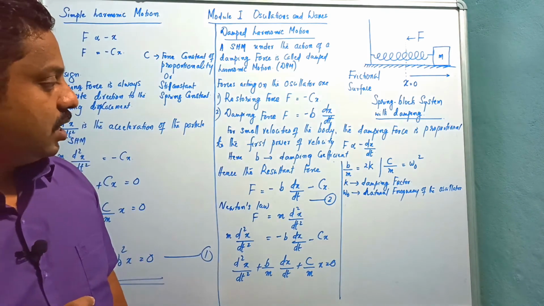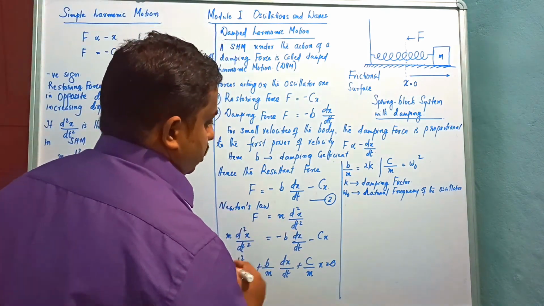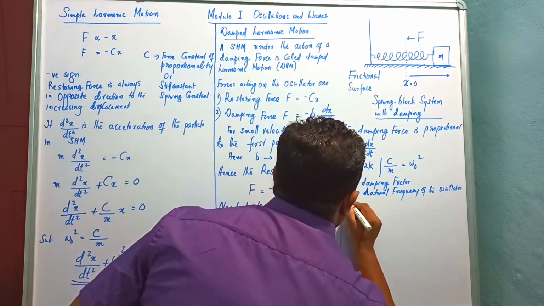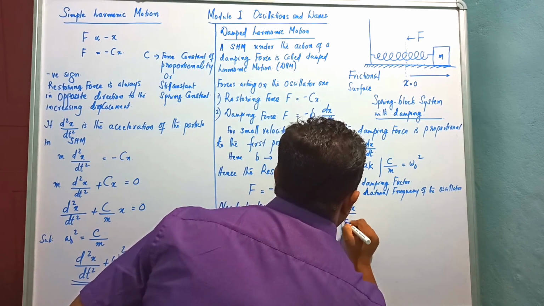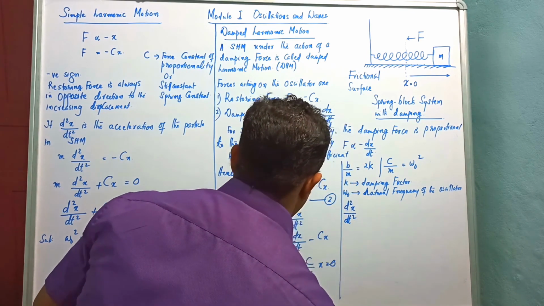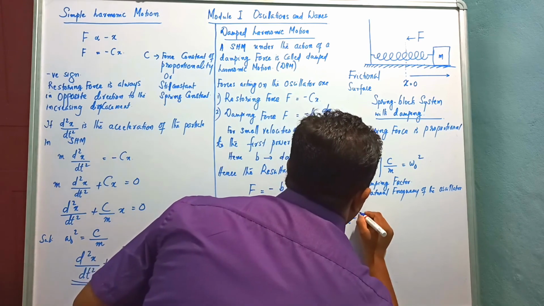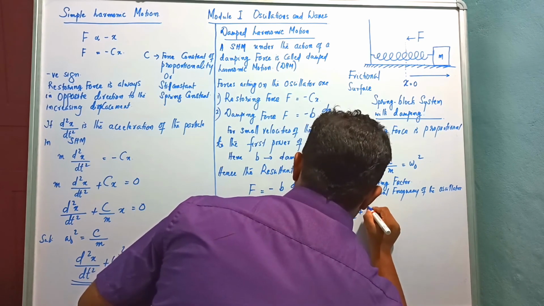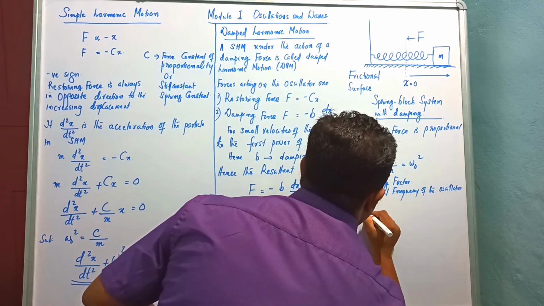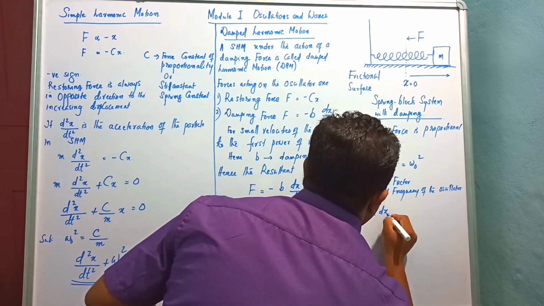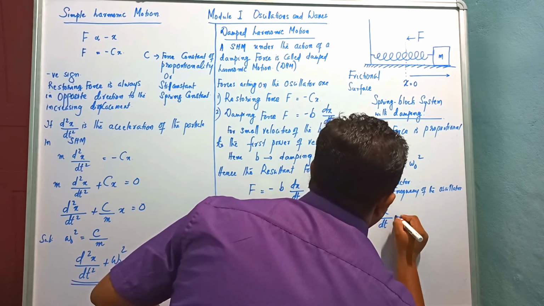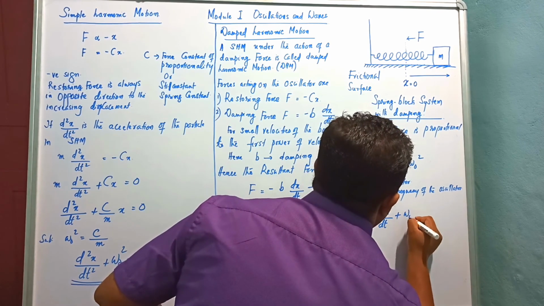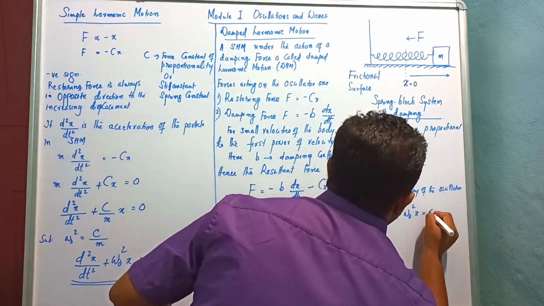Substituting, we get d square x by dt square plus 2k dx by dt plus omega 0 square x equal to 0.